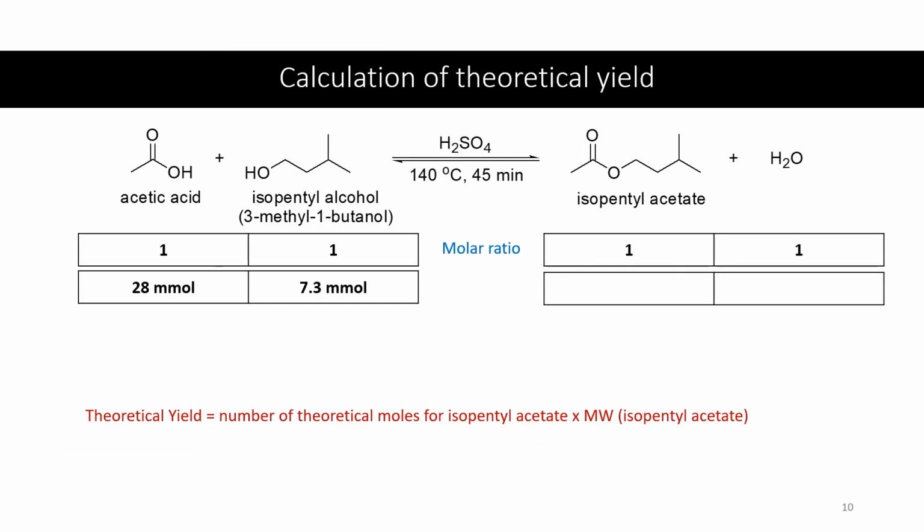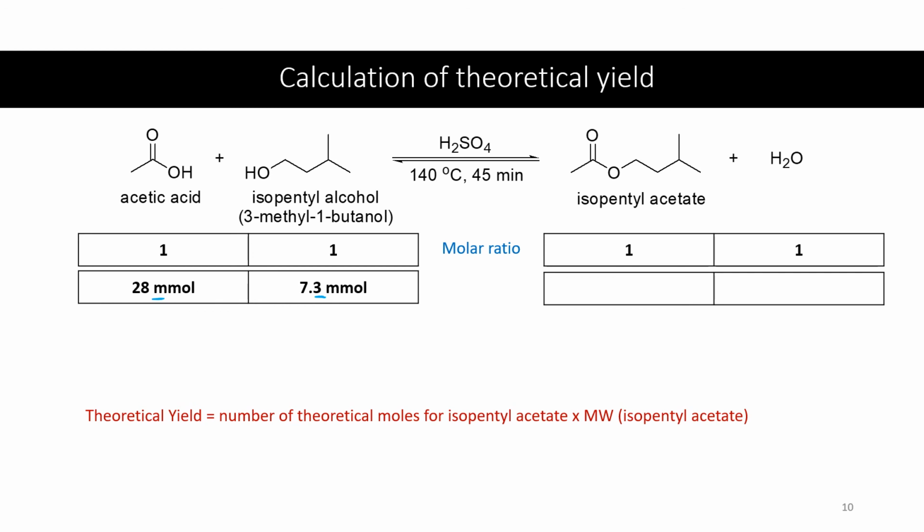Finally, we're going to quickly look at the calculation of theoretical yield. It's going to be very easy for this lab because the molar ratio between the reactants as well as the reactants and products are all 1 to 1 to 1 to 1. So we know the amounts of each of the reagents we added, 28 millimoles versus 7.3 millimoles.